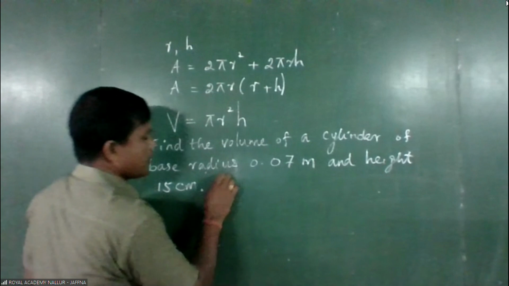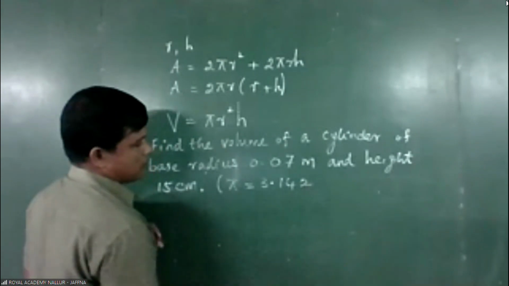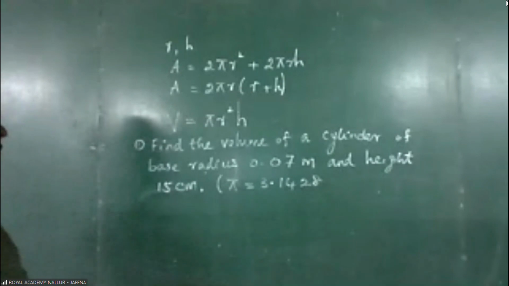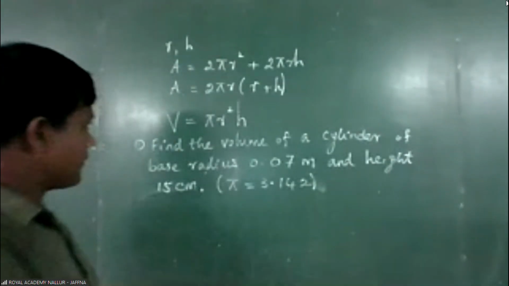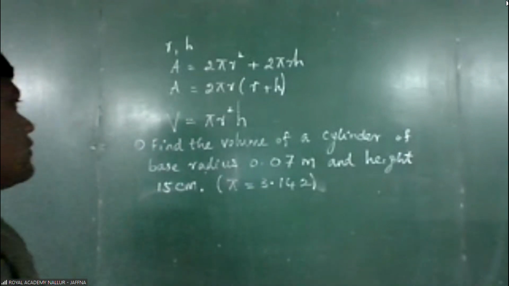Pi is used here as 3.142. But it's not needed, right? You try to apply this. Formula is there. Volume is equal to pi r squared h. Directly you can use it.